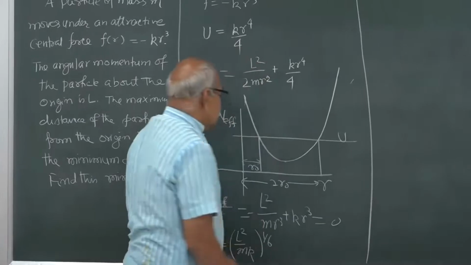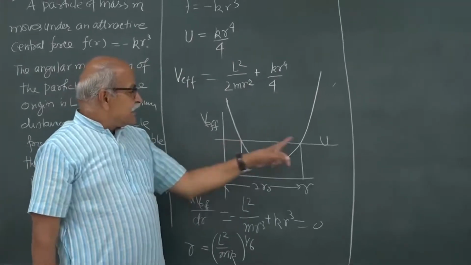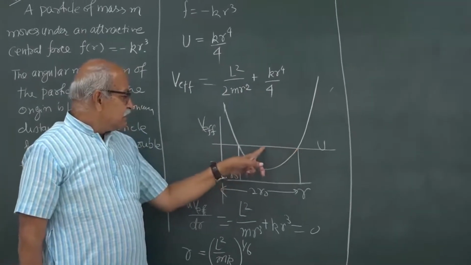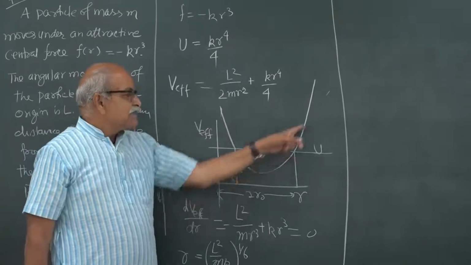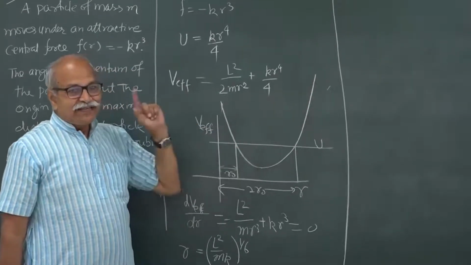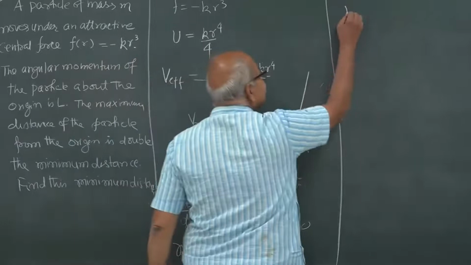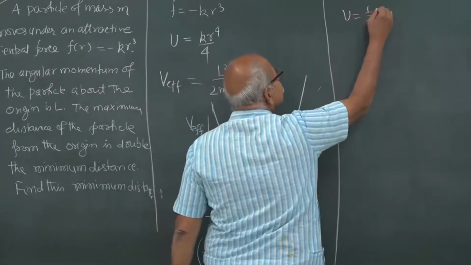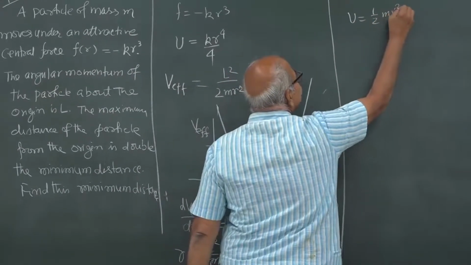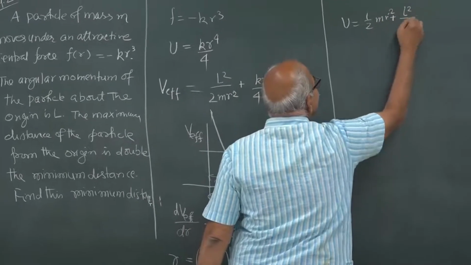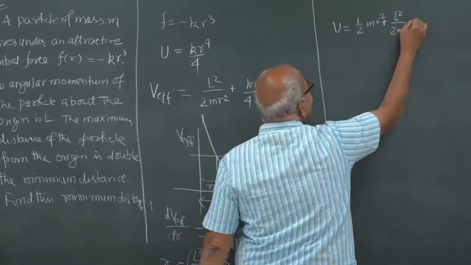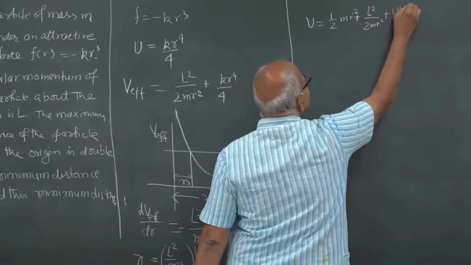At this point and at this point, the total energy is the same as the effective potential energy. That is why half m r dot square is 0. Total energy is half m r dot square plus L square by 2 m r square plus u of r, the potential energy.